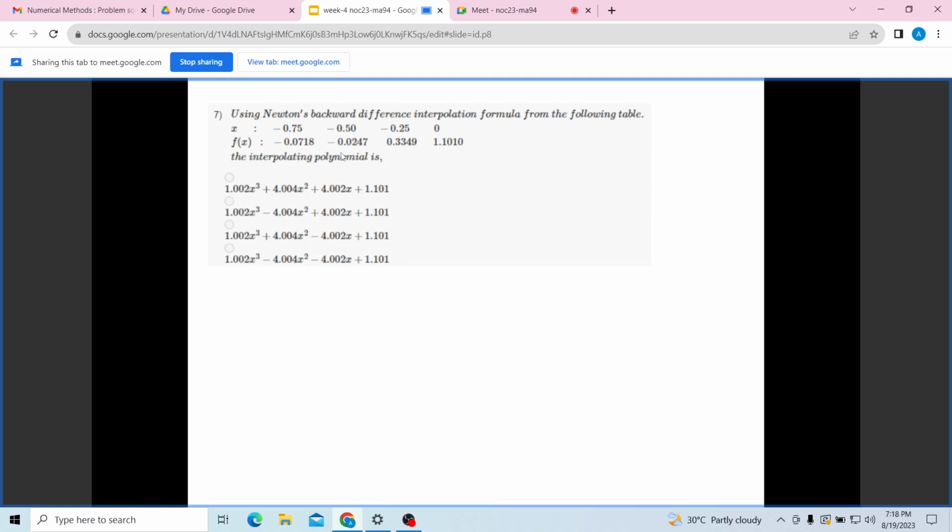For minus 0.50, it's minus 0.0247. For minus 0.25, it's 0.3349. For 0, it is 1.1010. The interpolating polynomial is, just check which one you are getting, A, B, C or D.